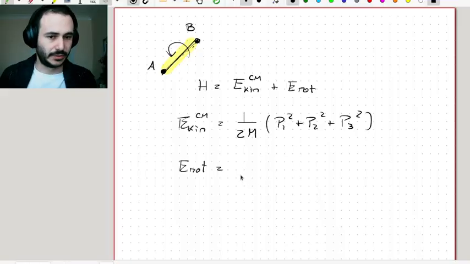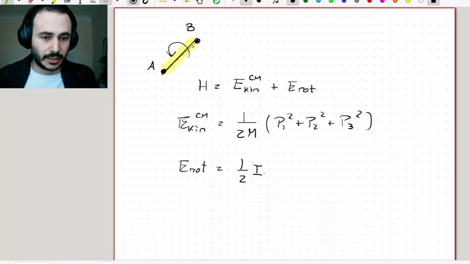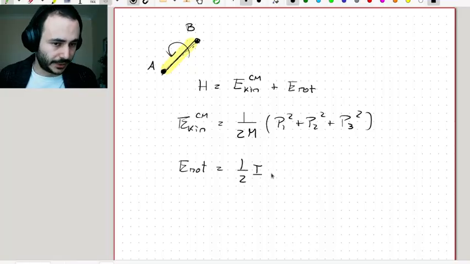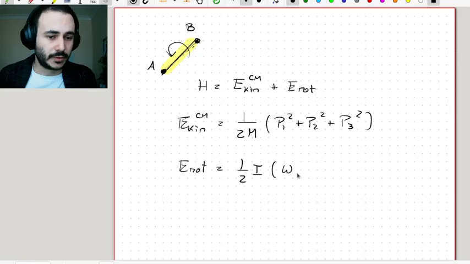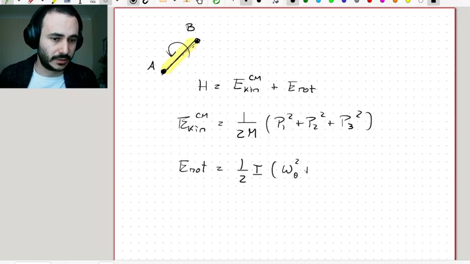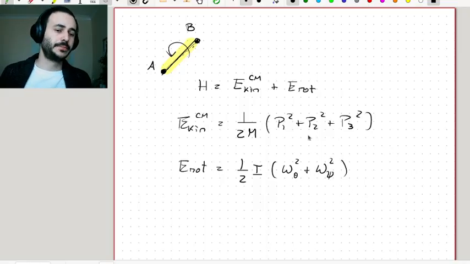So we only have 2 rotational degrees of freedom, and remember the rotational contribution to a rigid solid in the simplest form is 1/2 some moment of inertia, some constant multiplying things that are of the same form, a generalized coordinate squared. So here there will be some angular frequency around some axis theta and another angular frequency around some other axis phi. The sum of these 2 gives me the Hamiltonian of the system.